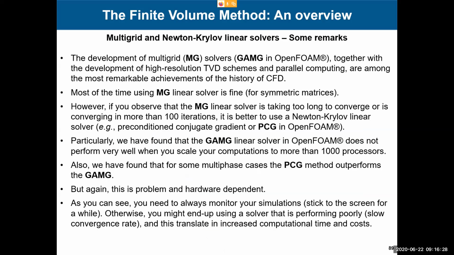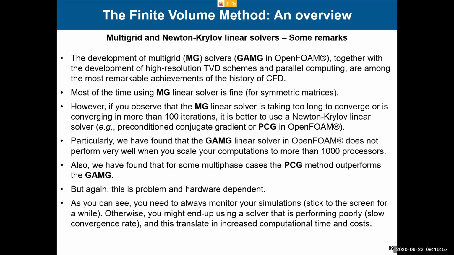And just to talk a little bit about the multigrid and Newton-Krylov solvers, okay? But again, tomorrow there is a talk about this. So usually multigrid is a way to accelerate the convergence speed of the linear solvers. But honestly, in OpenFOAM, I have found that it is not always the best option. And sometimes if you are dealing with multiphase flows or highly compressible, high speed compressible flows, probably it's better to use Newton-Krylov methods.